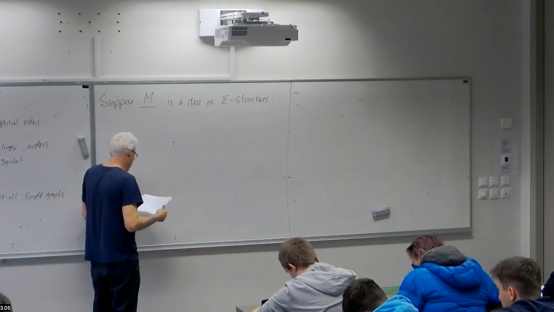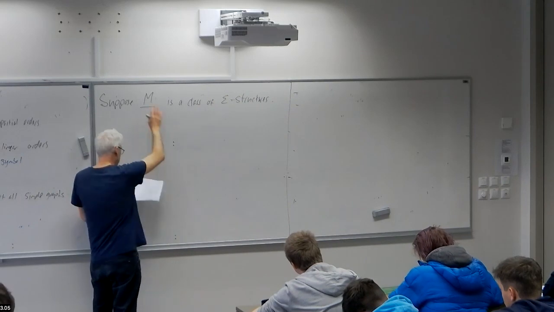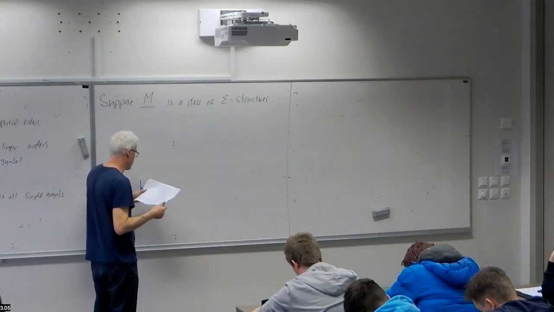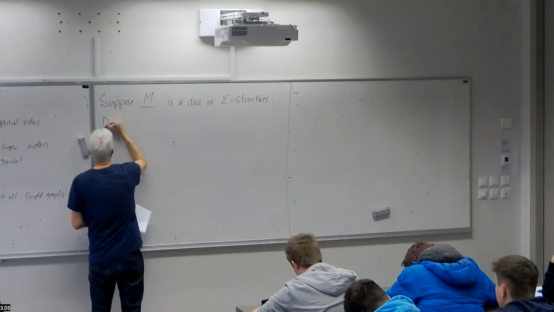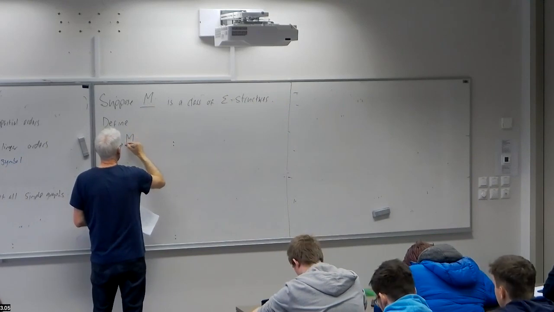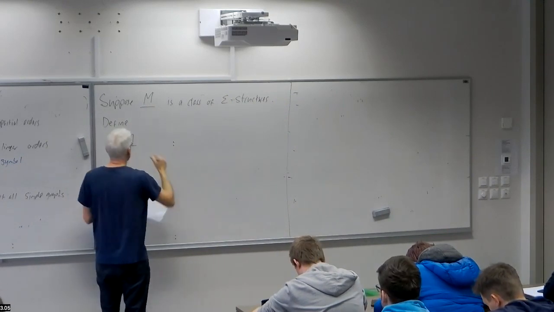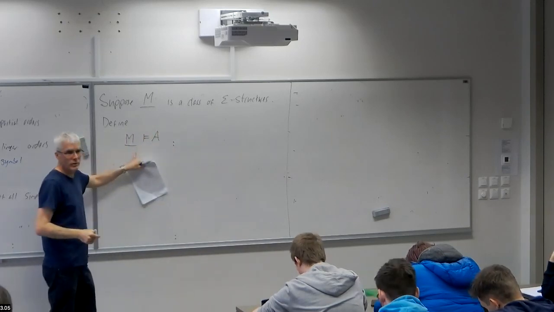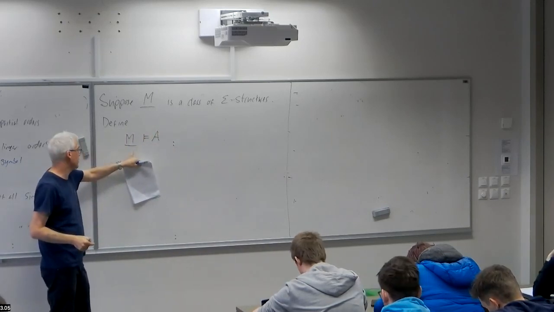For example, it could be a collection of groups, but the definition is very general, for just any collection of structures. So we're going to define the relation that says when a sentence holds for all structures in the collection.